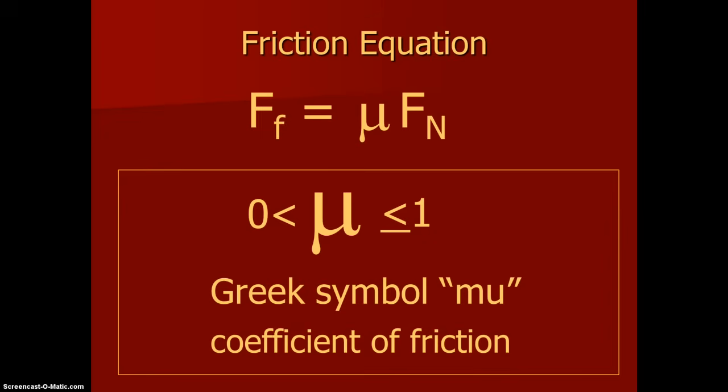You can never have a force of friction that is greater than the force normal. The force of friction will always be less than or equal to the normal force, the force of the surface pressing up against another surface.